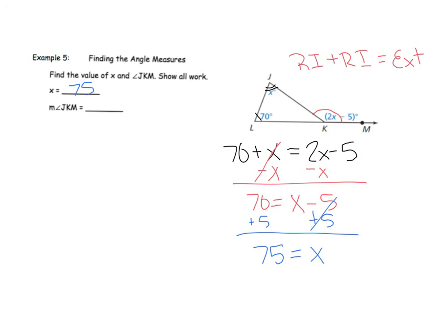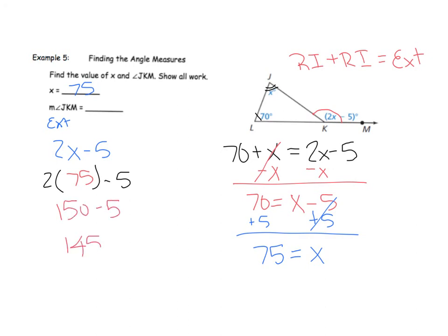Then to find angle JKM, which is the exterior angle, all I have to do is plug it into the 2x minus 5. So that's 2 times x, minus 5. We got x to be 75. So 2 times 75 is 150, minus 5 would leave us with the answer of 145 degrees.